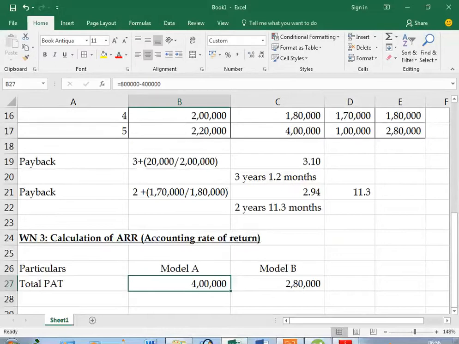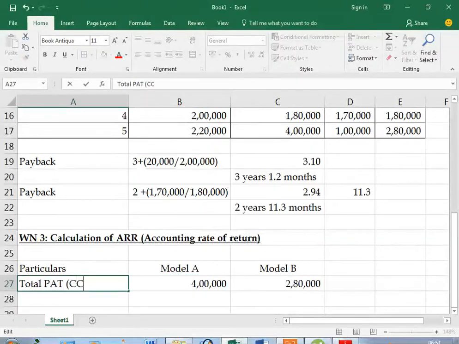So now write total PAT, in bracket CCF of last year. Total PAT in bracket CCF of last year. Any doubts on this?